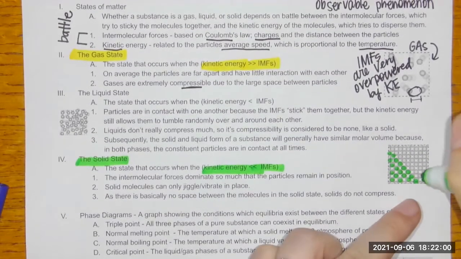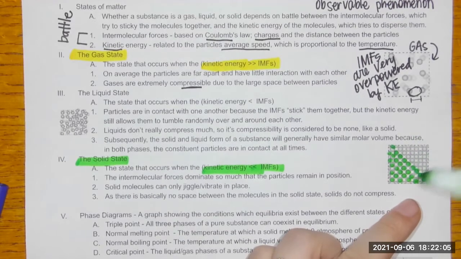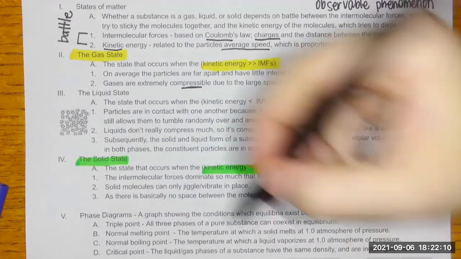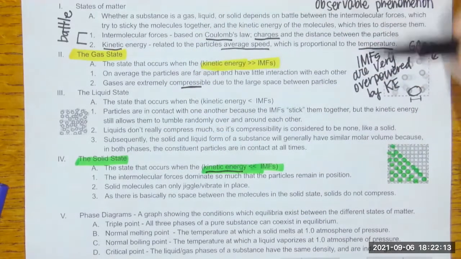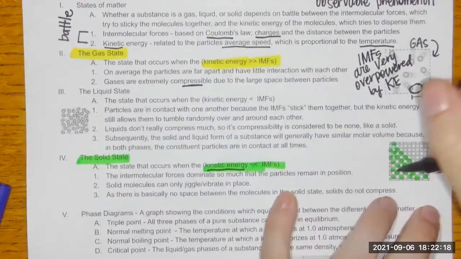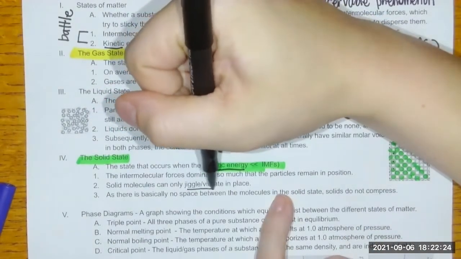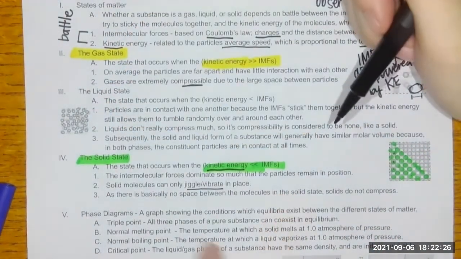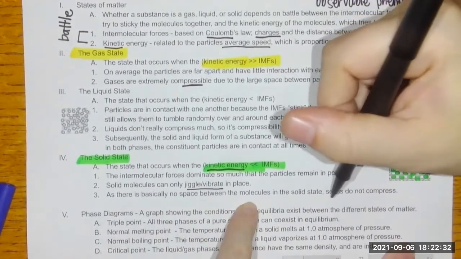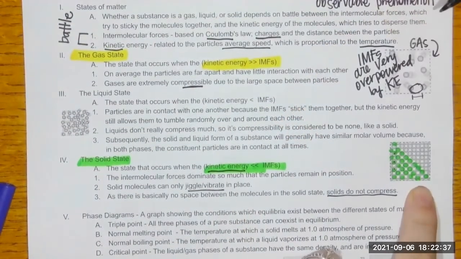All they can do is jiggle and wiggle and vibrate, but they can't actually move from their spot. The energy, the movement, is so low. The intermolecular forces dominate so much that the particles remain in position. Solid molecules can only jiggle or vibrate. There is basically no space between the molecules, so solids do not compress. We can't smoosh it any further.